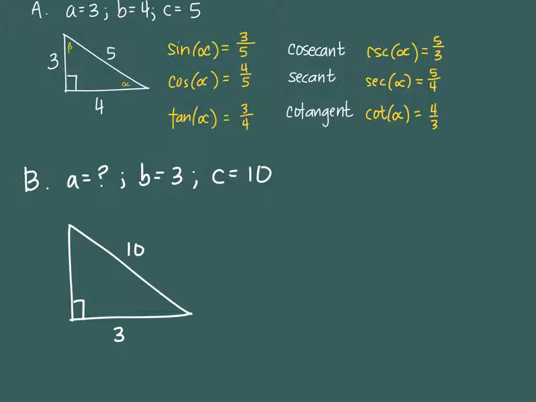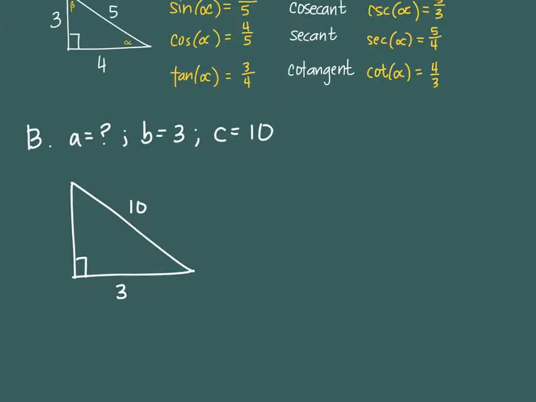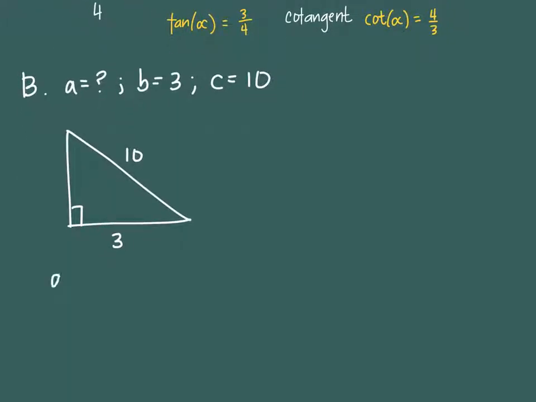Say it again, Kara. All right, I'm going to use the Pythagorean theorem first, before I do SOHCAHTOA. So both things that we've learned. The Pythagorean theorem tells me a squared plus b squared, so that's 3 squared, equals 10 squared. So a squared plus 9 equals 100. Subtract 9 from both sides. a squared is 91.